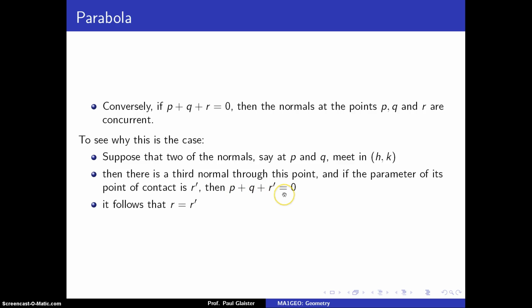Well, if the sum of these 3 roots is 0 and p plus q plus r is 0, then r will have to be equal to r dashed, and so those 2 parameters are the same, and that third normal which passes through that point with parametric coordinate r dashed is also the same as the point r, and it was the point r we were assuming had the property that p plus q plus r was 0.